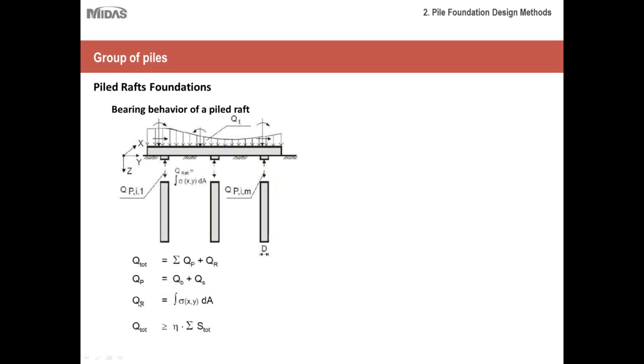Whereas the bearing capacity of the raft is the integration of the contact stresses over the contact area of the raft. And if this total bearing capacity exceeds the factor of safety times the applied load from the superstructure, then it is a good design.